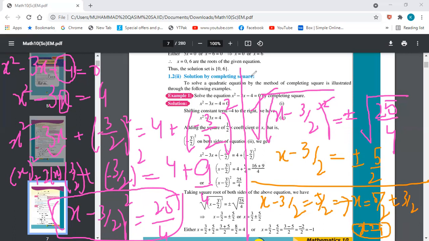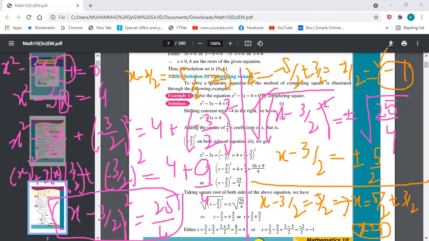In the second, x minus 3 upon 2 equals to minus 5 upon 2, so x equals to minus 5 upon 2 plus 3 upon 2. This will make minus 2 upon 2, and the answer must be minus 1. So this is basically our root: one is minus 1 and the second is x equals to 4.